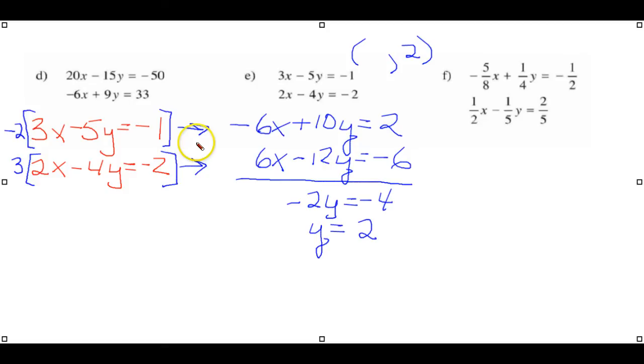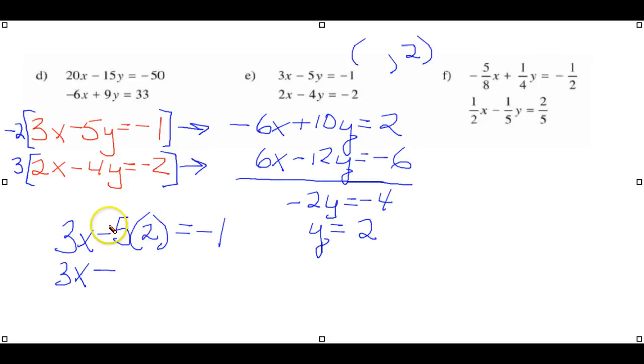Now, I can use either of these equations, so I'll use the first one. 3x minus 5 times 2 equals a -1. So this is 3x minus 10 equals a -1.